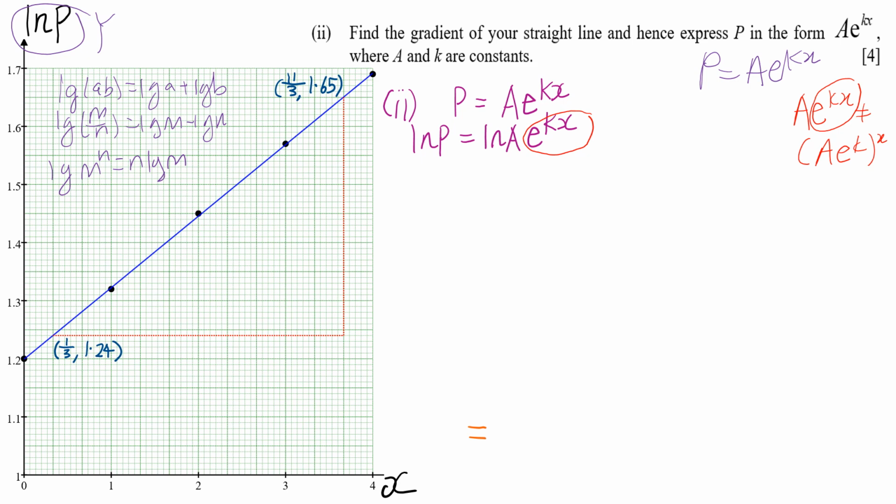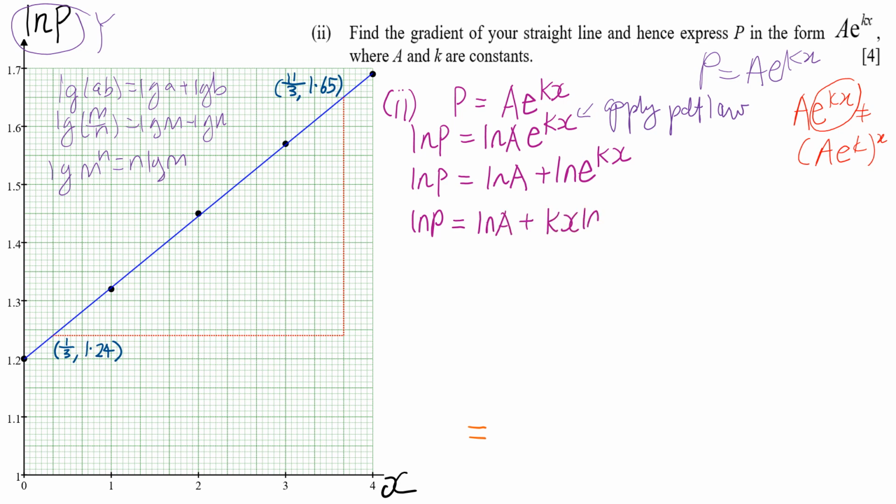Therefore, you cannot apply the power law yet. You need to apply the product law first. Only then, in the next step, do you apply your power law to this term. And of course, ln e is log base e, so that gives you 1.